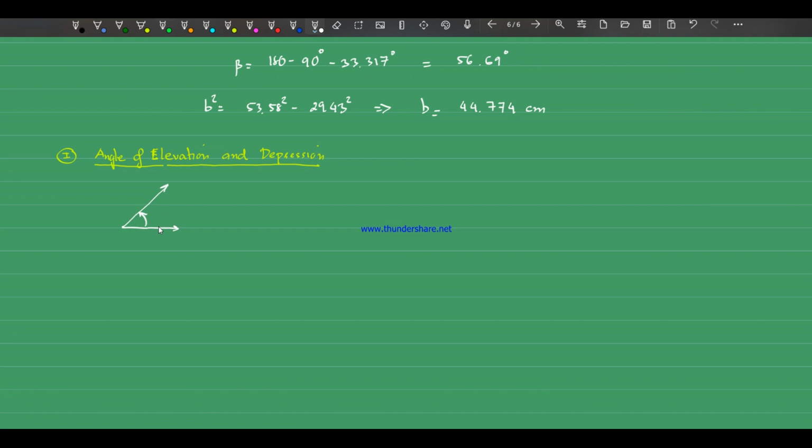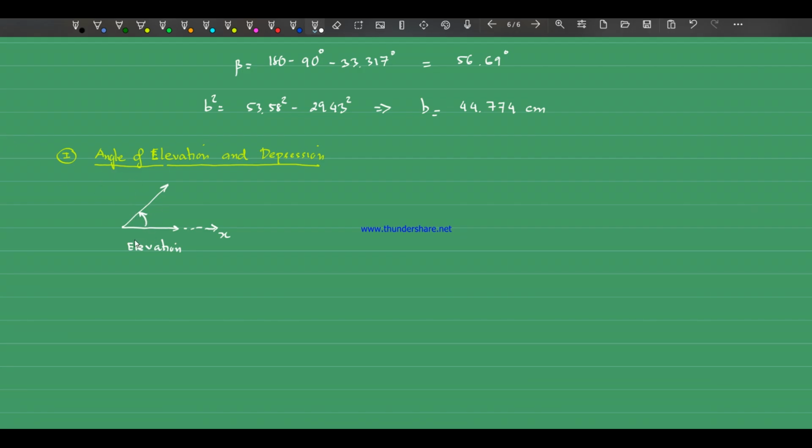This is called angle of elevation because it's open like that. So this is the x-axis. Okay, so they open it like this.